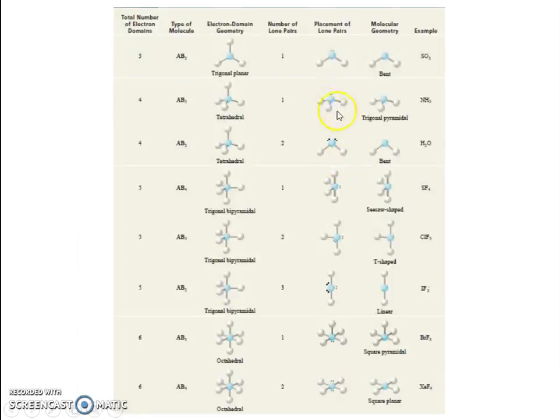So we will have for the electron domains a tetrahedral shape, the electron domain geometry is tetrahedral, but the molecular domains will determine finally the shape of the molecule, because the atoms are what is seen in the molecule, so it will be a molecule known as bent, just bent.